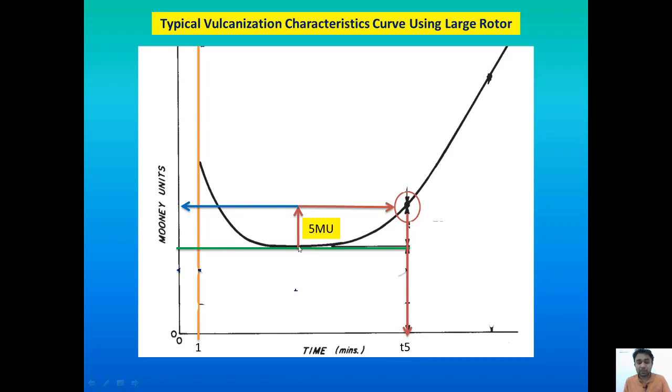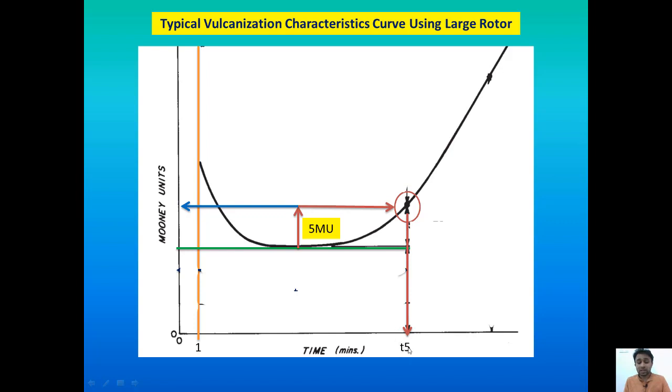Actually it happens here, but that is not significant to measure. That's why we take, principally and basically, 5 Mooney units upward from the minimum Mooney viscosity. So we count 5 units from here, then come to the curve and go down. Then you will take this T5 time.